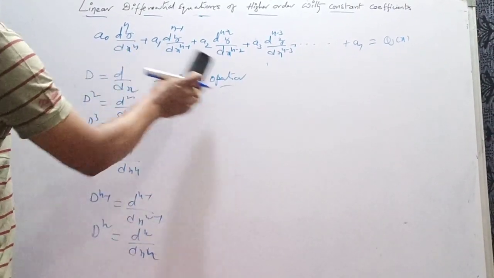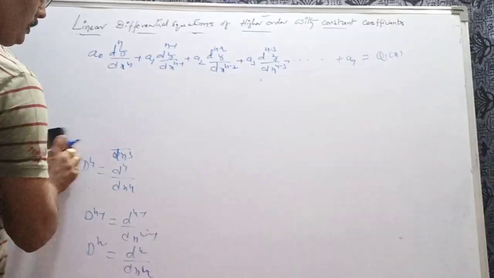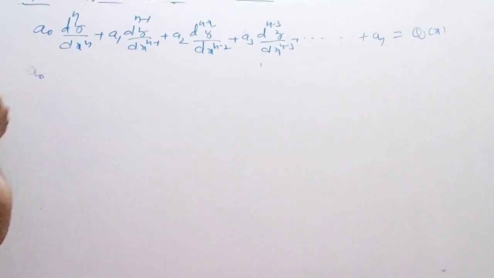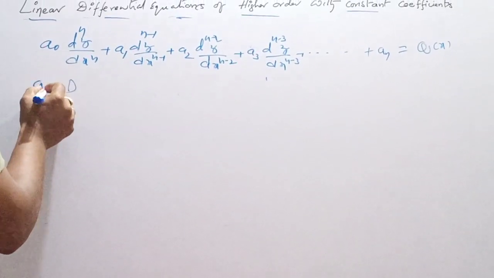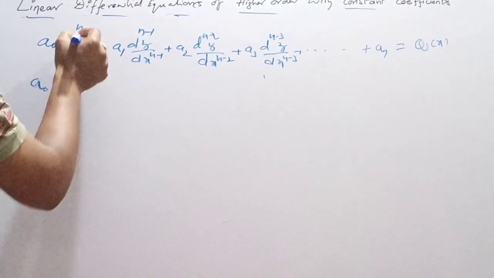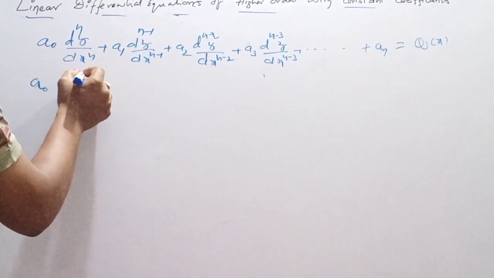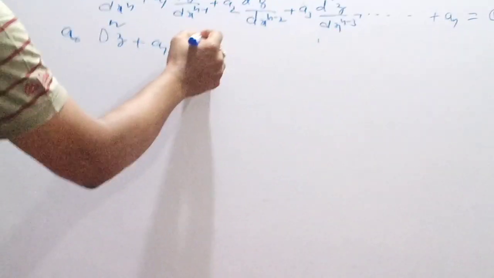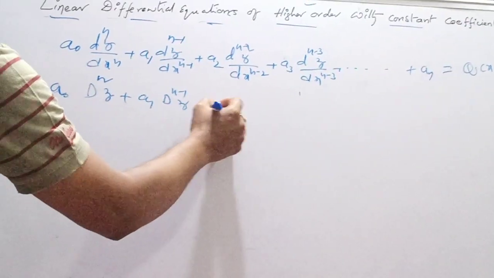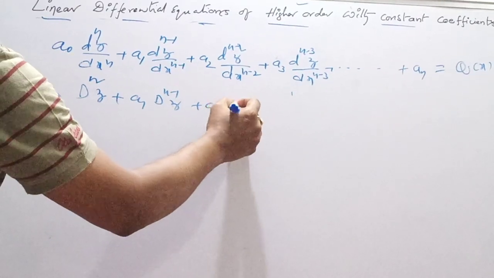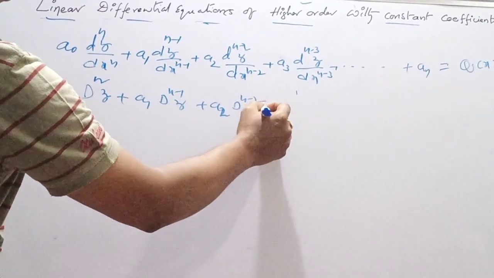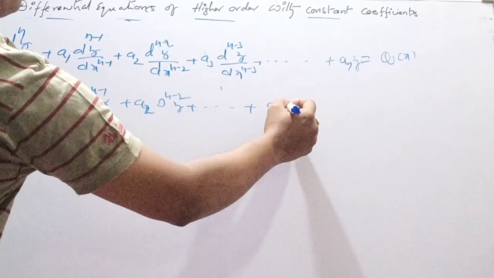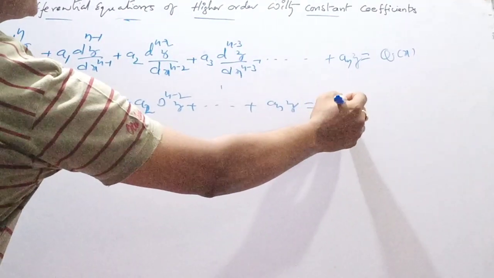Therefore, this differential equation is converted into differential operator form: a0 D^n y + a1 D^(n-1) y + a2 D^(n-2) y and so on, plus an y, equal to Q of x.